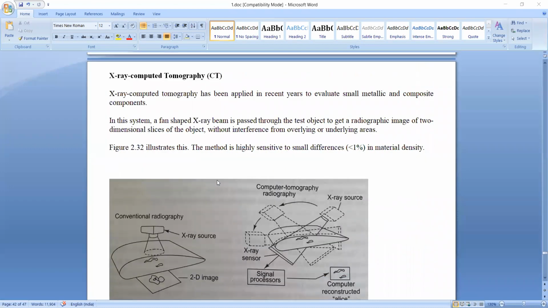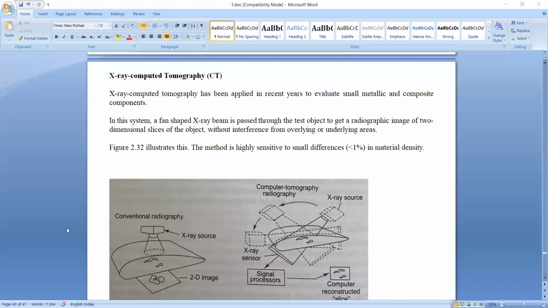And the last one is X-ray computed tomography. This is the last special radiographic technique used in radiography. Concept wise it is simple, but practically it is complicated. Recently we are using this technique, X-ray computed tomography, CT for short.